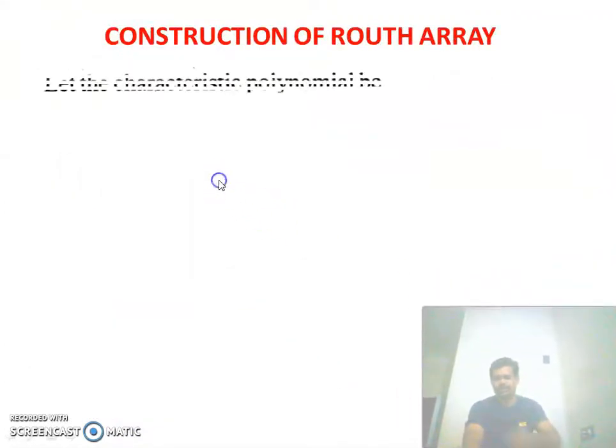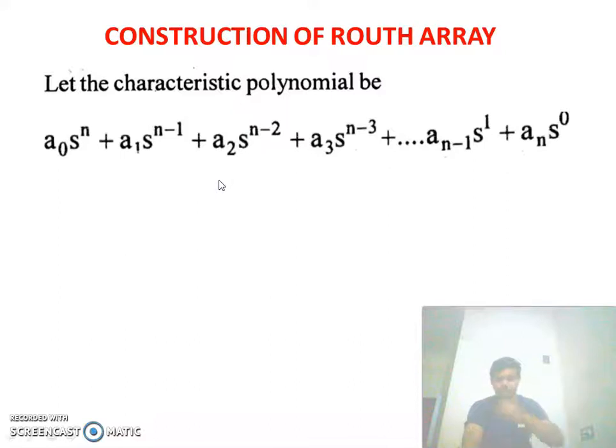Construction of Routh array. Let the characteristic polynomial be a0 s to the power n plus a1 s to the power n minus 1 plus a2 s to the power n minus 2 plus a3 s to the power n minus 3 plus ... plus a(n-1) s to the power 1 plus an s to the power 0.